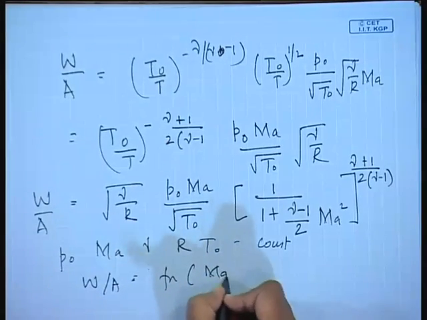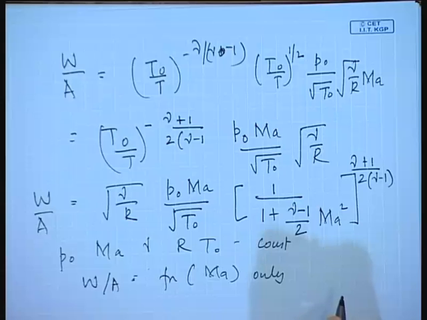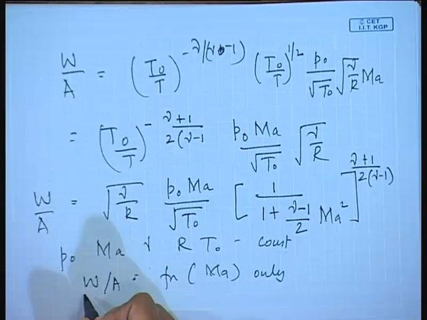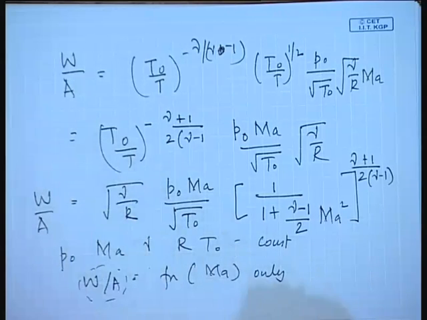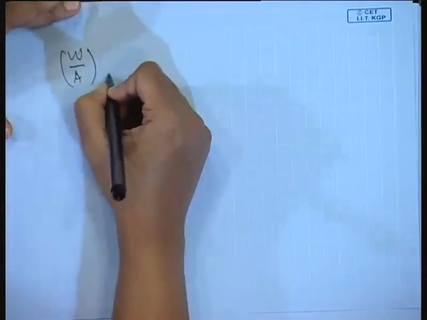So, therefore, we know W by A is a function of Mach number only, it does not depend on anything else. By varying Mach number we can vary this, and under what condition will we get a maximum of W by A, or under what condition do we expect to get W by A max?